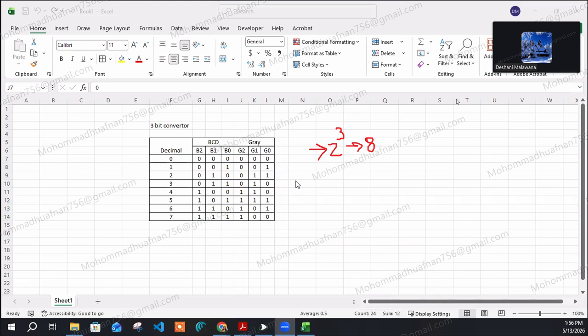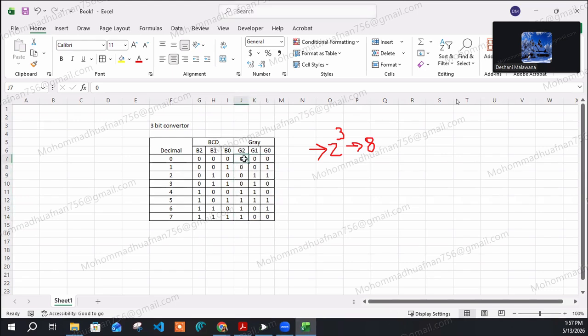So then after, now we are going to generate the equation throughout this truth table to design the converter for BCD to Gray code. Okay. So in here, we are considering these lines.